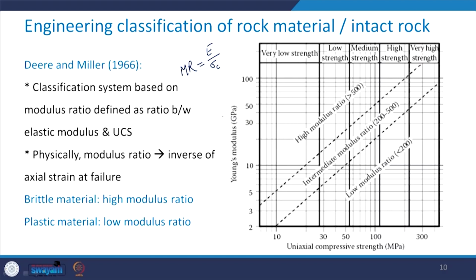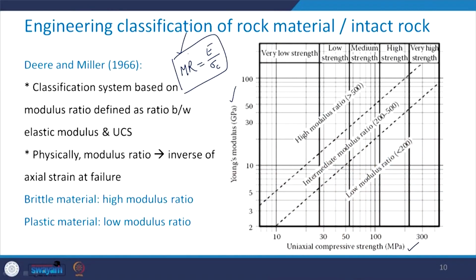You can see here a plot where on the x axis you have the UCS in megapascal, and on the y axis you have the modulus in gigapascal. It has been divided into 3 zones based upon the value of the modulus ratio. See, the modulus ratio is defined as E by sigma c. This means if we draw a line, the slope of this line is going to give me this modulus ratio as per its definition.